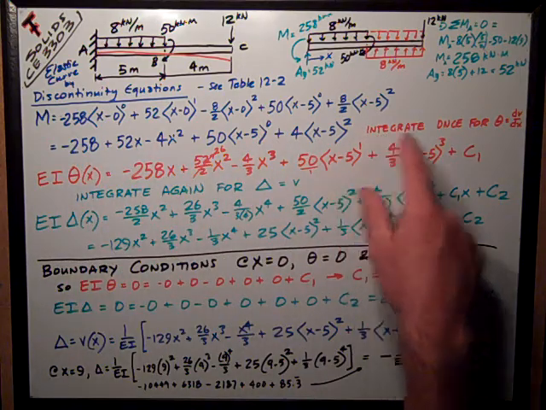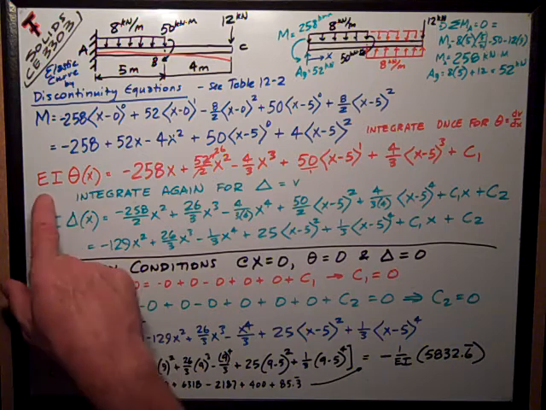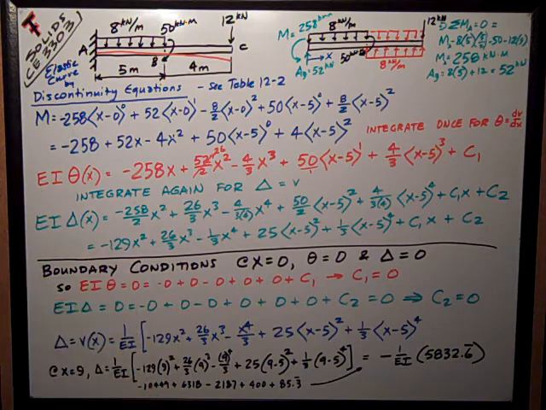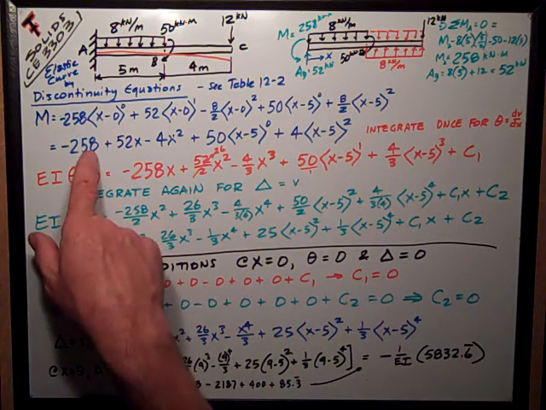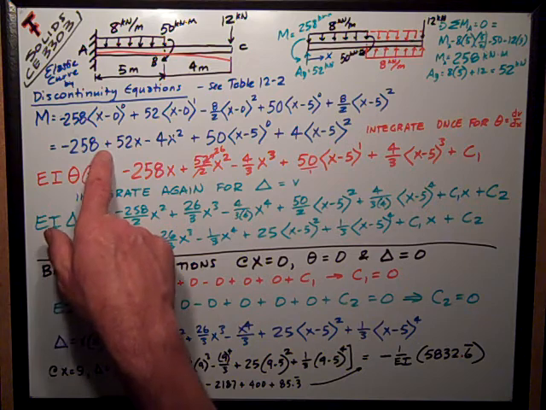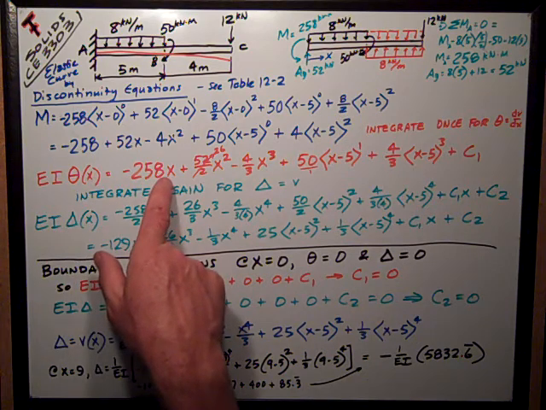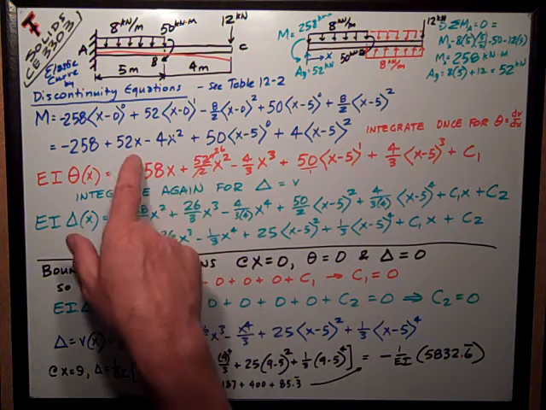I want to integrate it once to get the slope equation, and then I have to include my EI factor, account for the beam properties. Anyway, EI theta of x is equal to the integration of this thing once. Negative 258 integrates to negative 258x, and so forth.